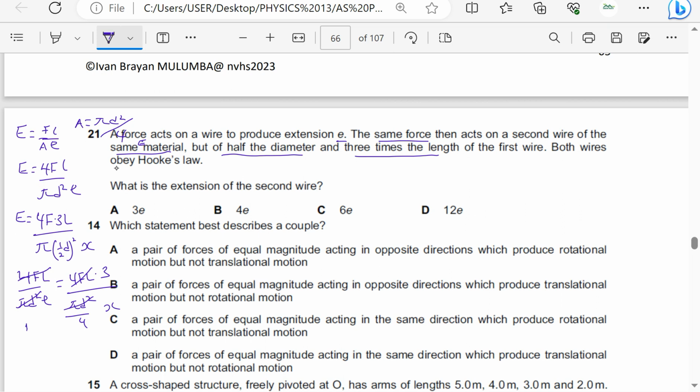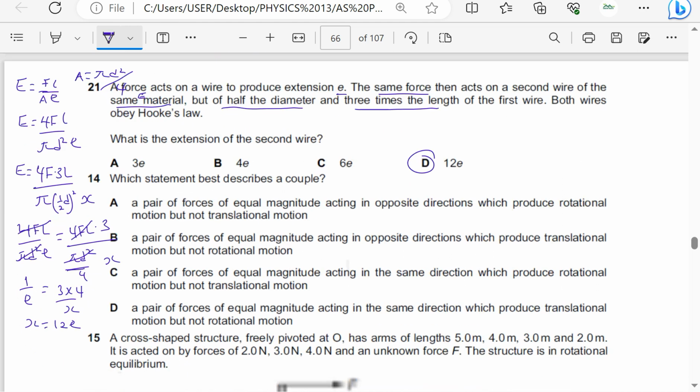I'm remaining with 1 over E is equal to the 4 in the denominator going up, so it becomes 3 times 4 over x. When we cross multiply, x is going to be equal to 12E, which means our answer is going to be D.